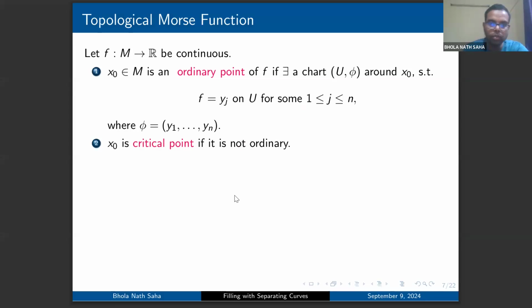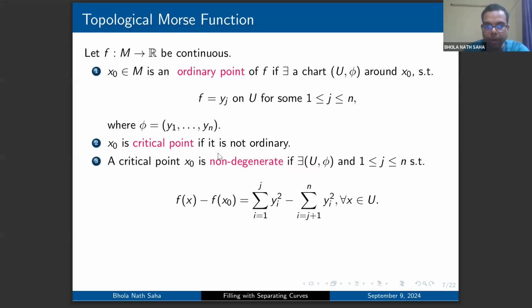Now we define a topological Morse function. Let us start with a real valued continuous function f on an n-dimensional manifold M. We say that a point x0 of M is called an ordinary point of the function f if locally the function f can be expressed as a coordinate function, and the point x0 is called a critical point if it is not an ordinary point.